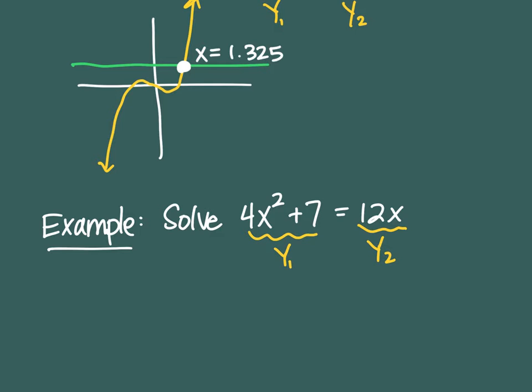So I've now switched my graphing calculator to those equations: 4x squared plus 7 equals 12x. Okay, now, if you watched that graph, I'm going to graph it again.